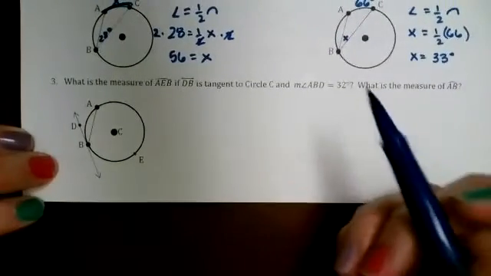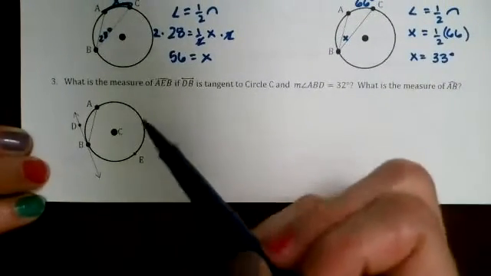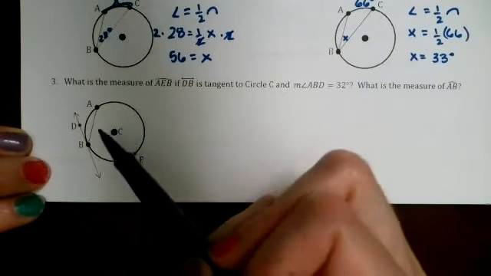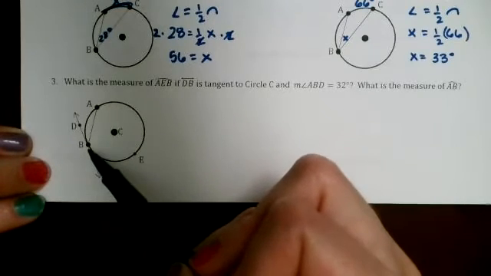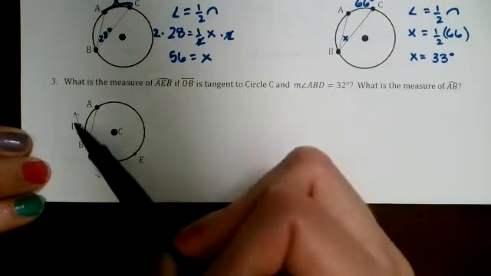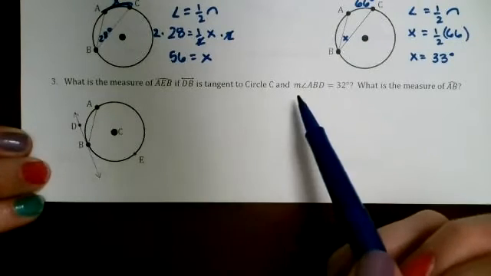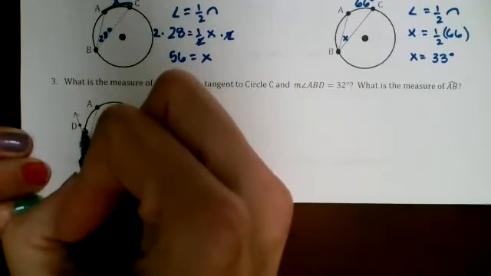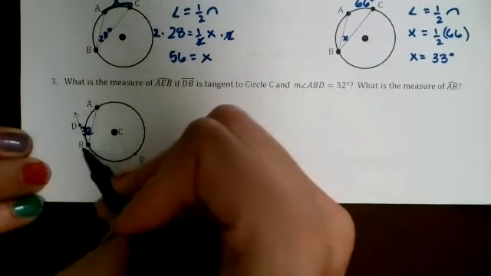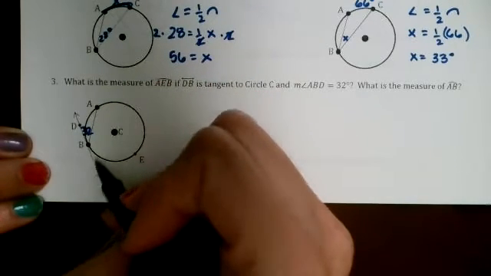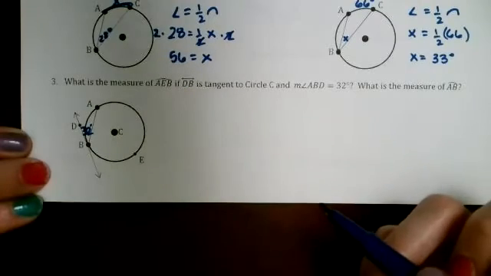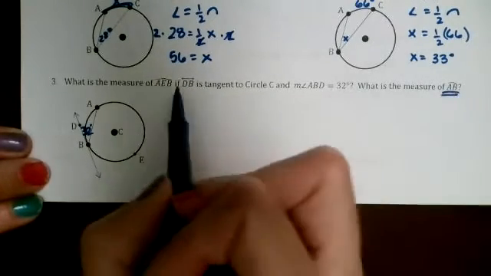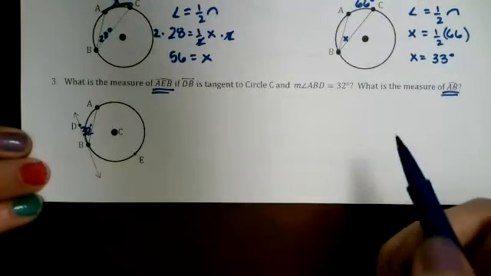Number 3, we've got 2 questions. We're saying that what is the measure of arc AEB, this major arc, if DB is tangent and ABD is 32. So ABD is 32. So this is an example of a chord and a tangent. We know this angle, so we're trying to find out AB and AEB.